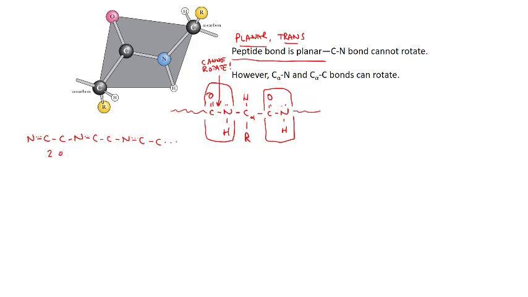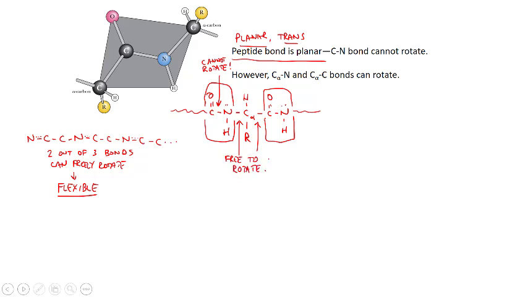So really only 2 out of 3 bonds can freely rotate. But still, that's 2 out of 3 bonds, right? So we have a chain that is flexible. And we do have free rotation around these bonds here, the 2 bonds that connect to the alpha carbon.